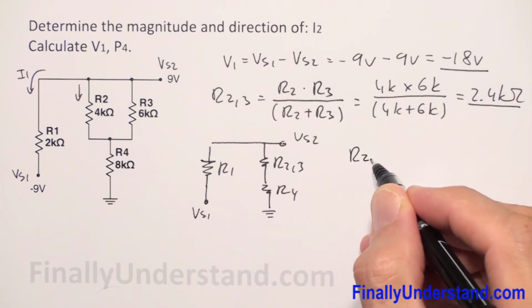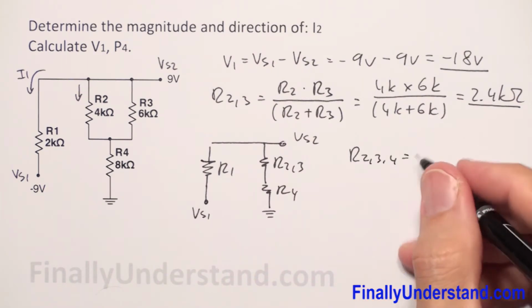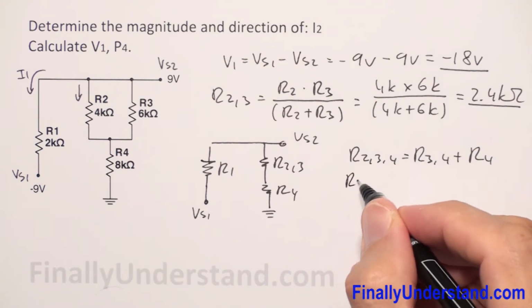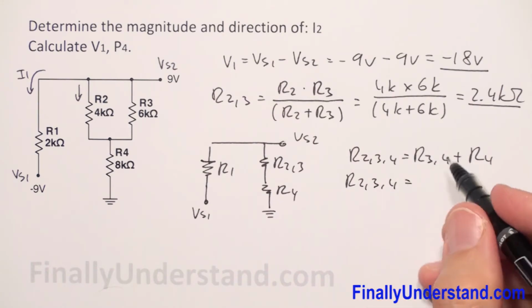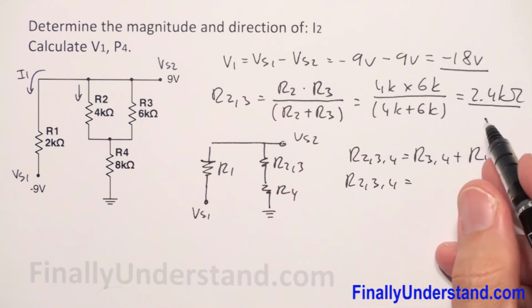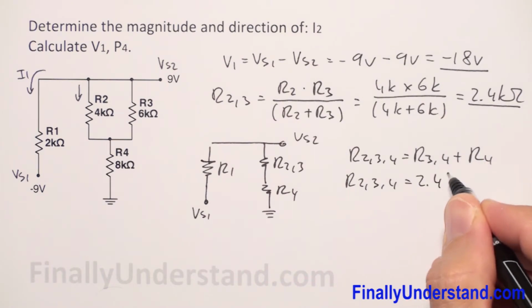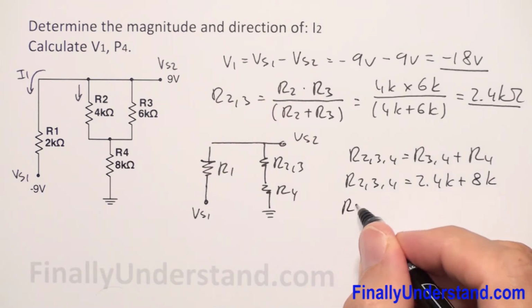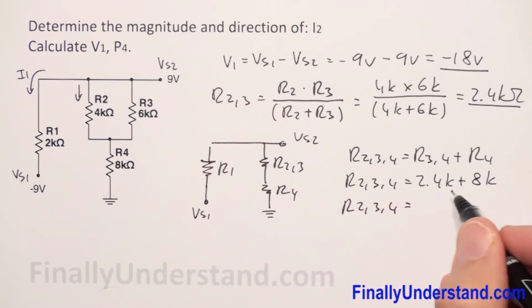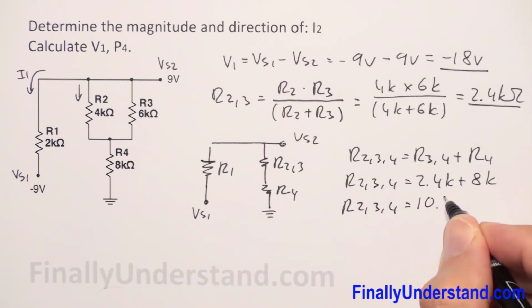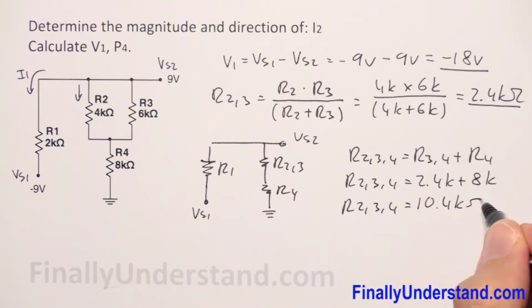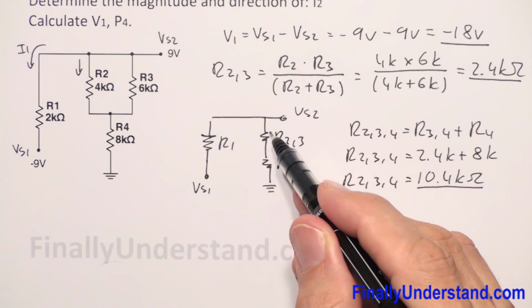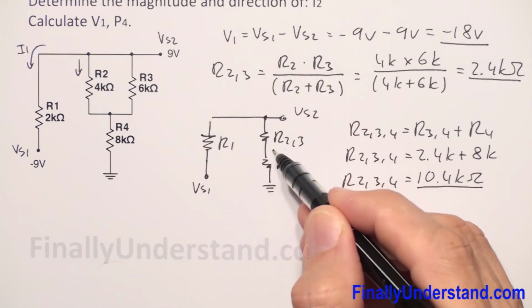So R234 is equal to R23 plus R4, which is 2.4K plus R4, which is equal to 8K. So R234 is equal to 10.4 kilo ohms.